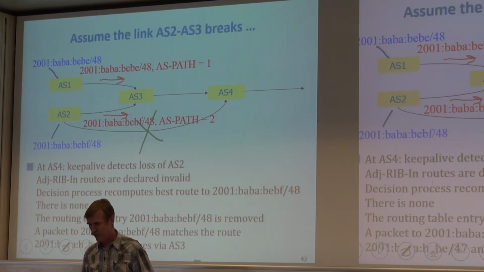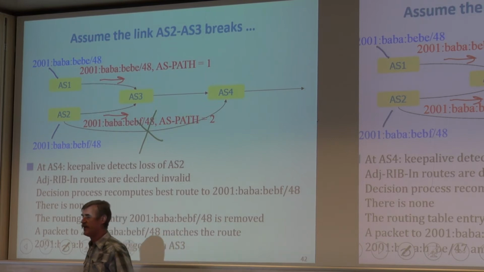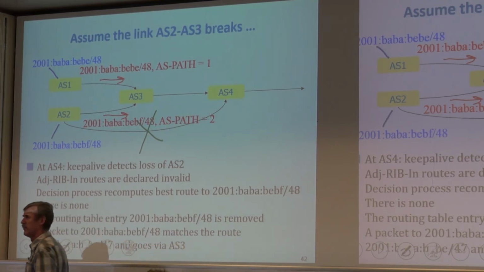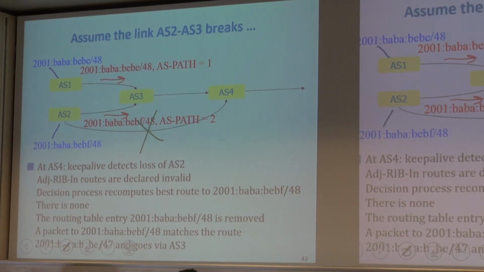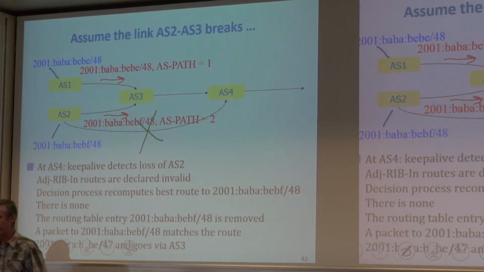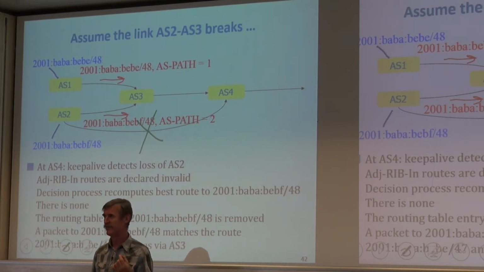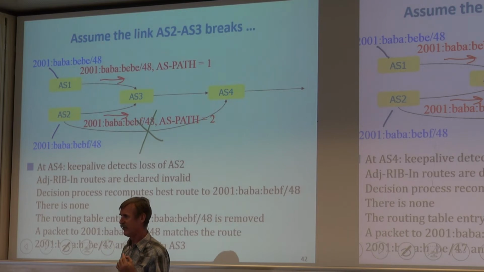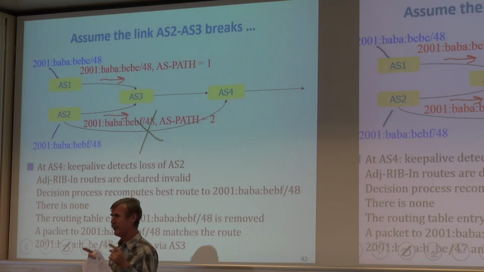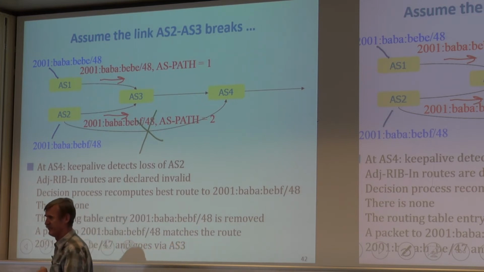Now, what's the interest of having, yes? If the prefix match is the same, that means we have two routes. That's not possible. If the prefixes are exactly the same, BGP will choose only one.